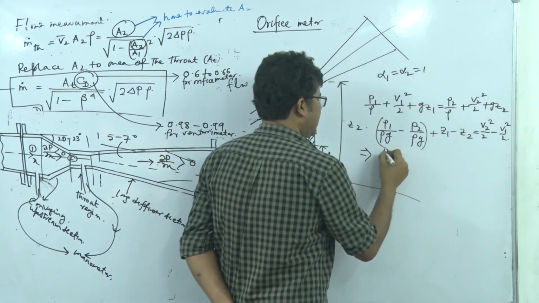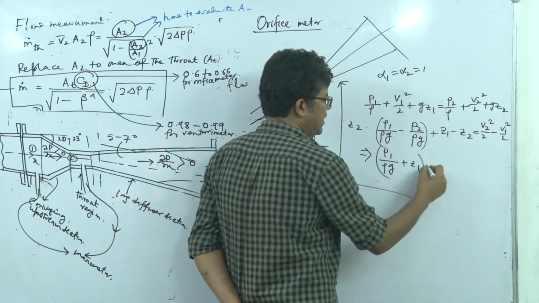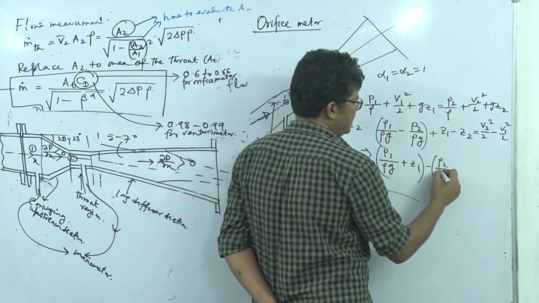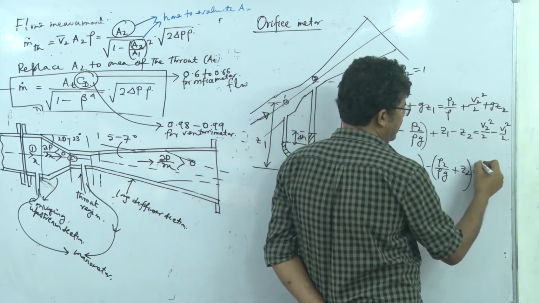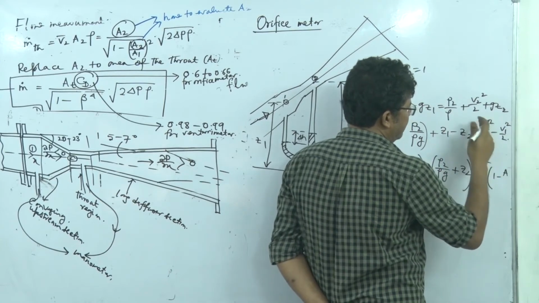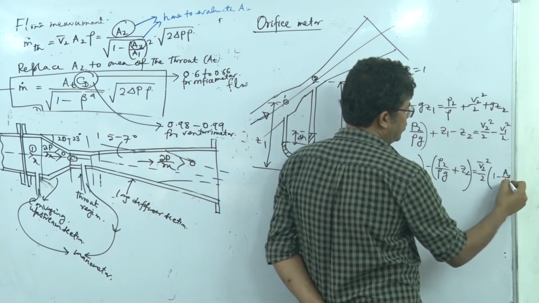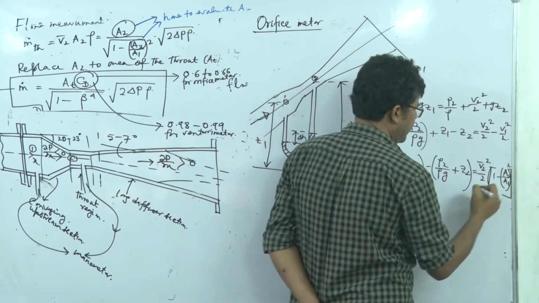So basically P1 divided by rho g plus Z1, that is the piezometric head at point 1, minus P2 divided by rho g plus Z2 is equal to V2 square by 2g, 1 minus V1 by V2 whole square, so it will be A2 by A1 whole square. Right?